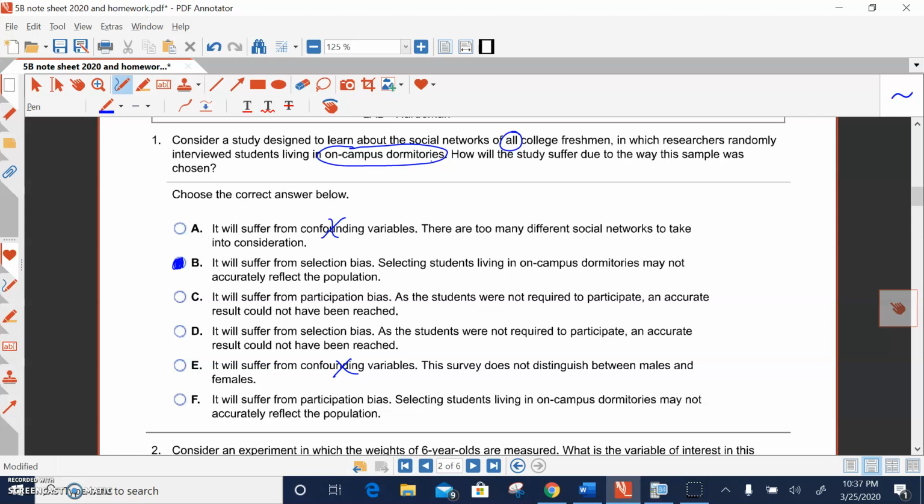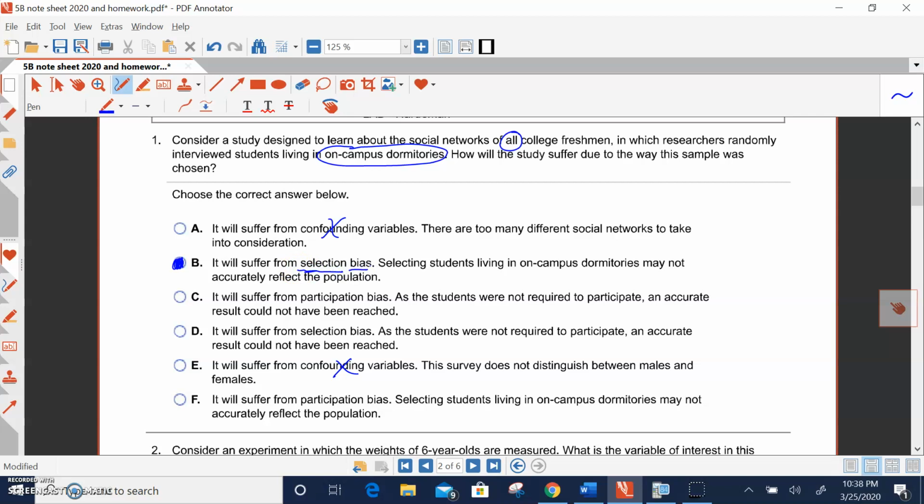Some commute, some live on campus, some live in apartments. So this particular study would suffer from selection bias. Selecting students living in on-campus dormitories may not accurately reflect the population. And since we wanted all college freshmen and we only chose those in the dormitories, we would have selection bias. We did not pick the best selection for our sample.